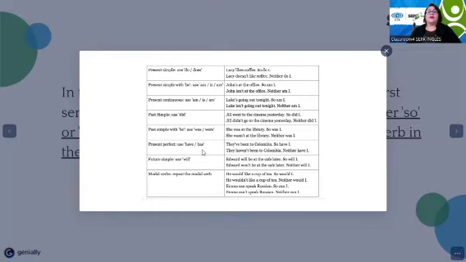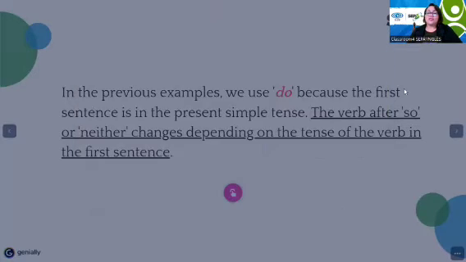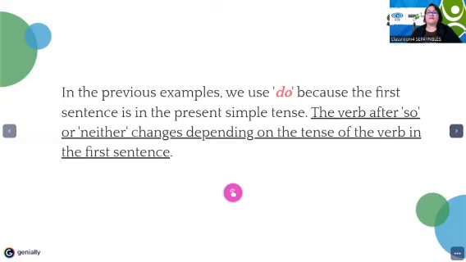And when I'm talking about have, the auxiliary is has for he, she, it, and have for the rest of the other pronouns. Will has no change because will is will for everyone, and in the negative we use won't. But when I'm talking about a modal verb, remember we answer using the same modal verb. The only thing that we change is the position of so or neither, depending on whether it is negative or positive.